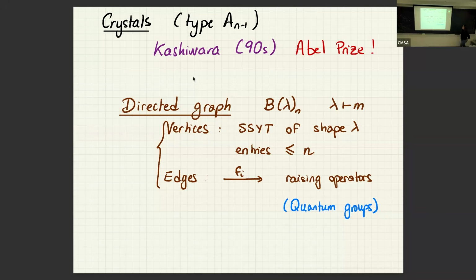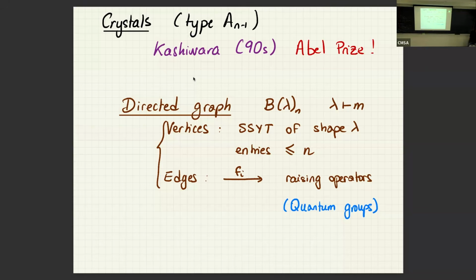The edges between two tableaux are labeled by raising operators f_i, which come from quantum groups. I cannot always apply a raising operator on every tableau, so I have a map from B_lambda to B_lambda union 0, because sometimes the raising operator just sends your tableau to 0.